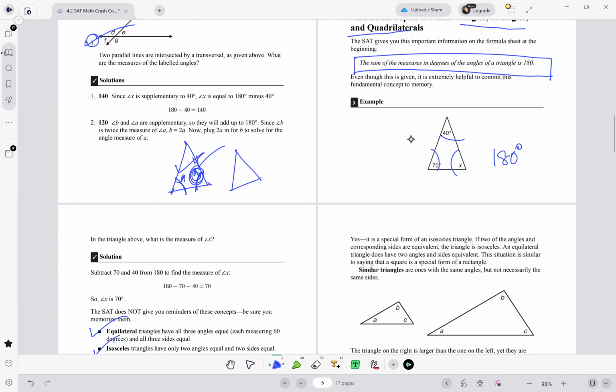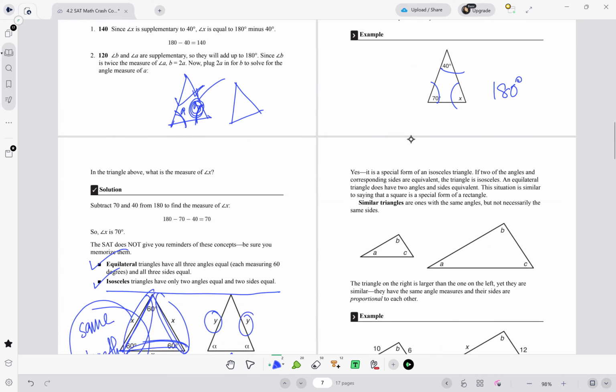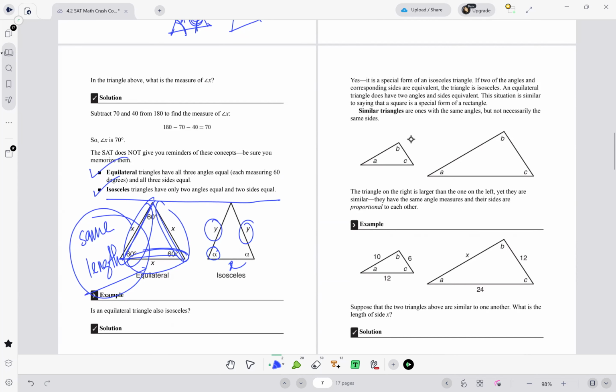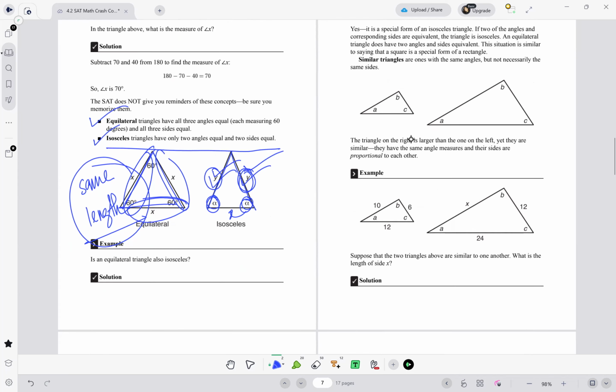Opposite sides of angles having the exact same angle have the same length. You got me? Because this is alpha and this is alpha. So the opposite side of this alpha angle is y, and the opposite side of this alpha angle is y. This is the same, the same amount of length. This is the theorem.